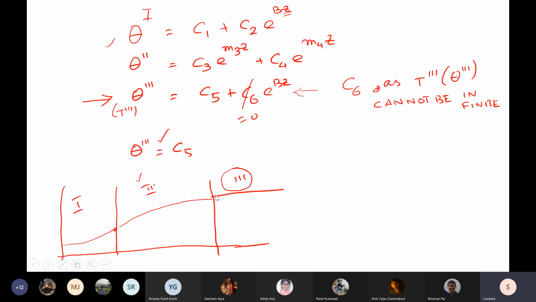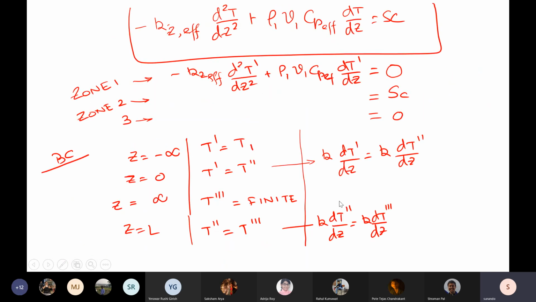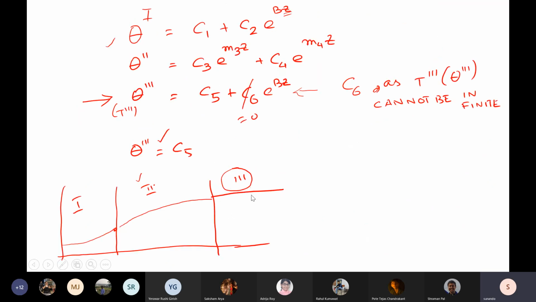And continuity of heat flux demands that dT2 by dz is also 0 in such a case. So the temperature rises but asymptotically reaches the value of T3 at Z equals L, or T2 at Z equals L, that means this point, with a 0 slope.